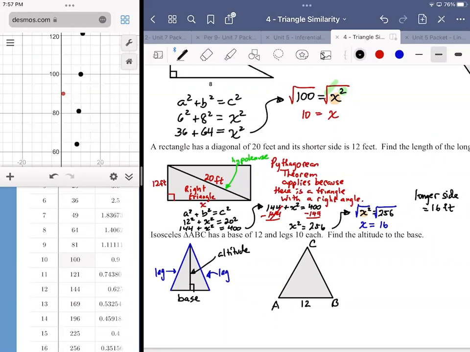It has a base of 12 and legs of 10 each. All right. So what we need to do is figure out the length of the altitude. So again, I could drop that vertical, forming a right angle. I need to determine this.